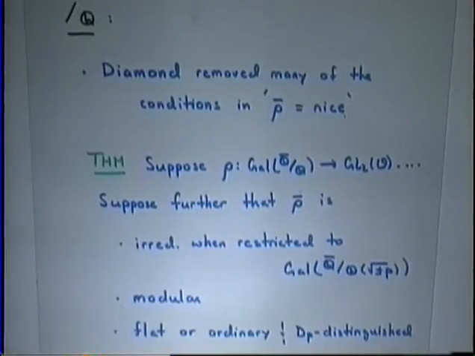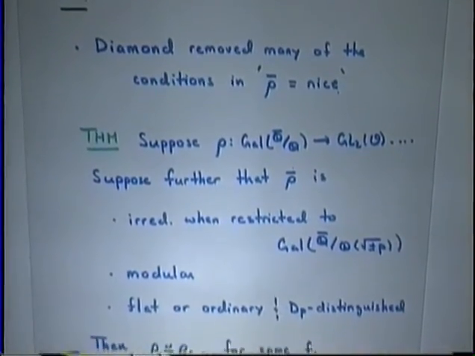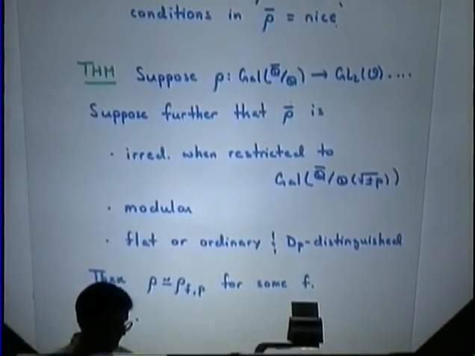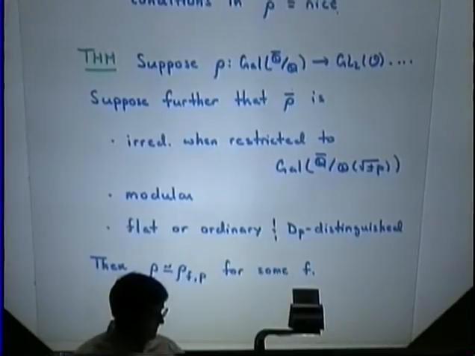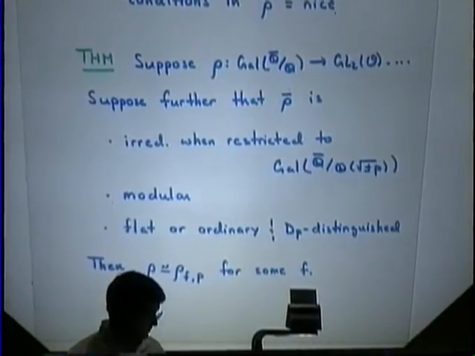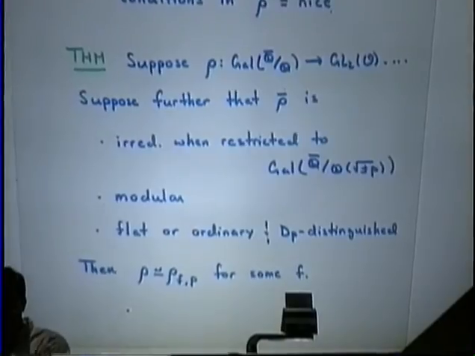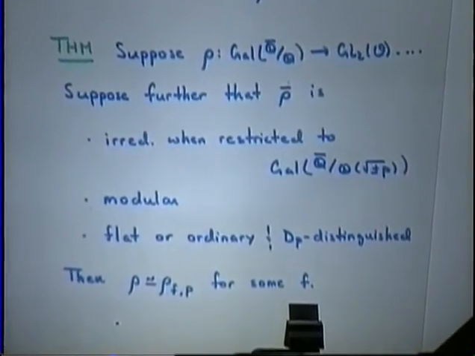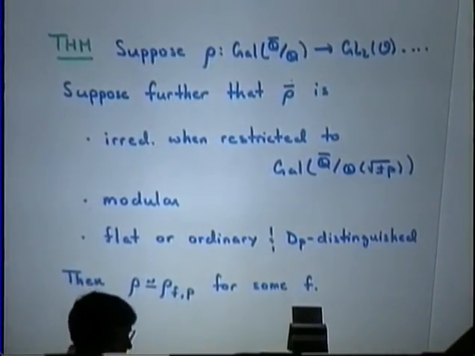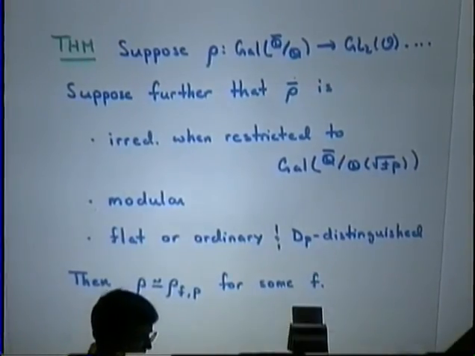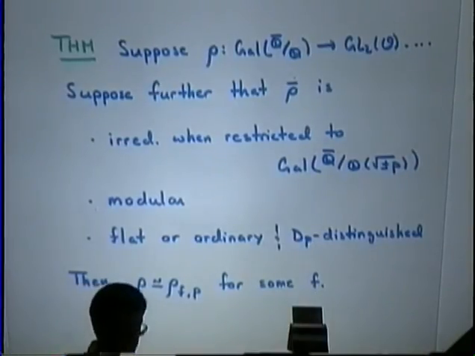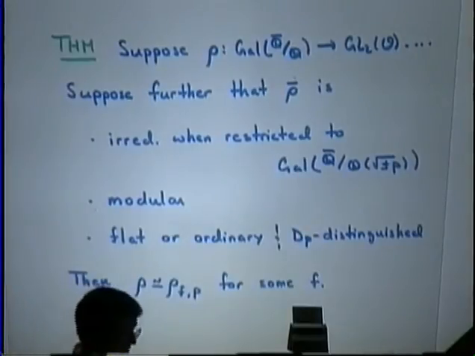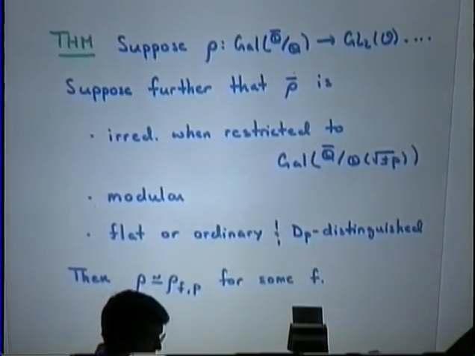suppose rho is as in the previous theorem, so it's continuous, irreducible, unramified outside of finitely many places, etc. But now one only needs to suppose further that rho bar, at least the residual representation, is irreducible when restricted to this quadratic extension of Q. It's still modular, but we can get rid of a lot of these local conditions and say flat or ordinary, and, well, this is a technical thing, distinguished, meaning that you can distinguish certain characters in the ordinary representation.